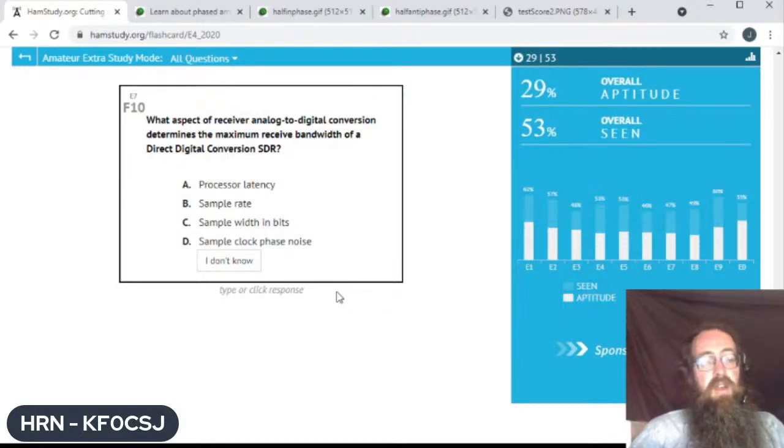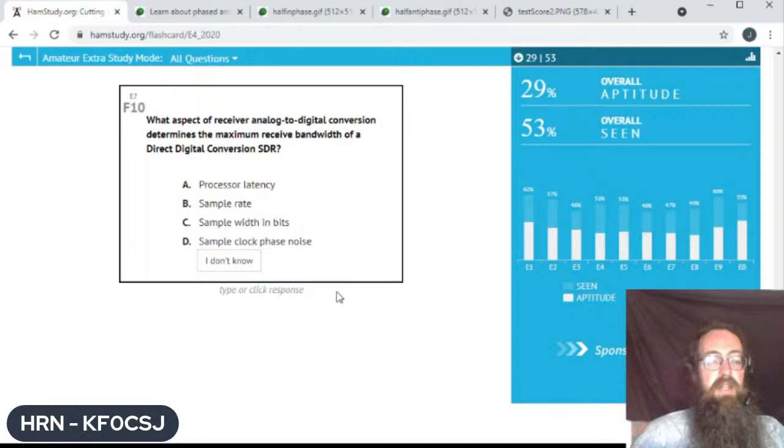What aspect of receiver analog to digital conversion determines the maximum receive bandwidth of a direct digital conversion SDR? A. Processor latency. B. Sample rate. C. Sample width in bits.